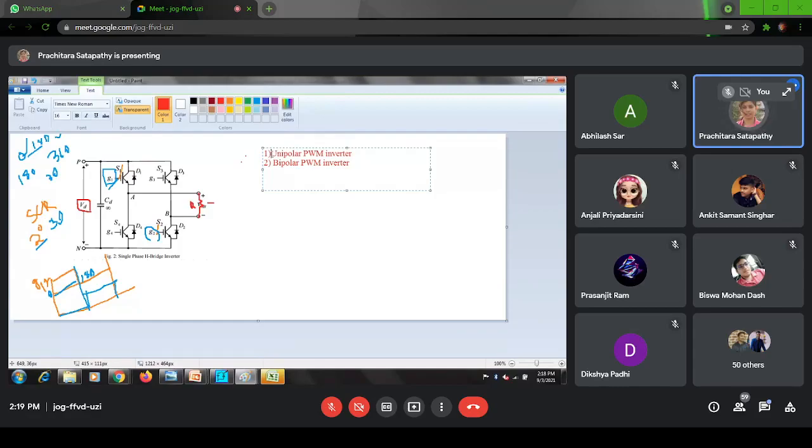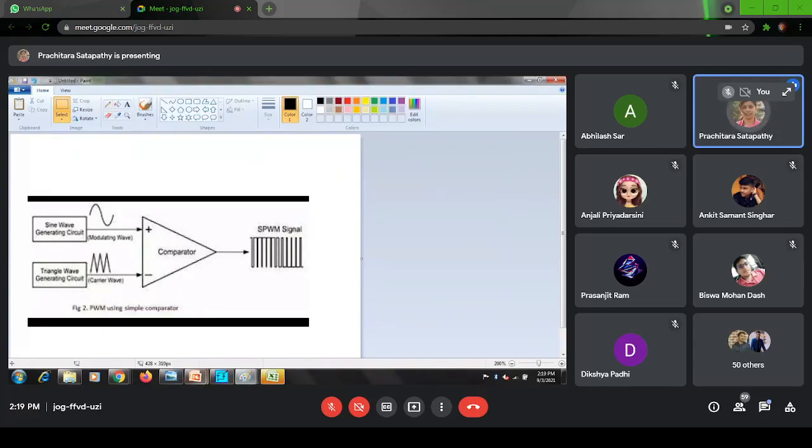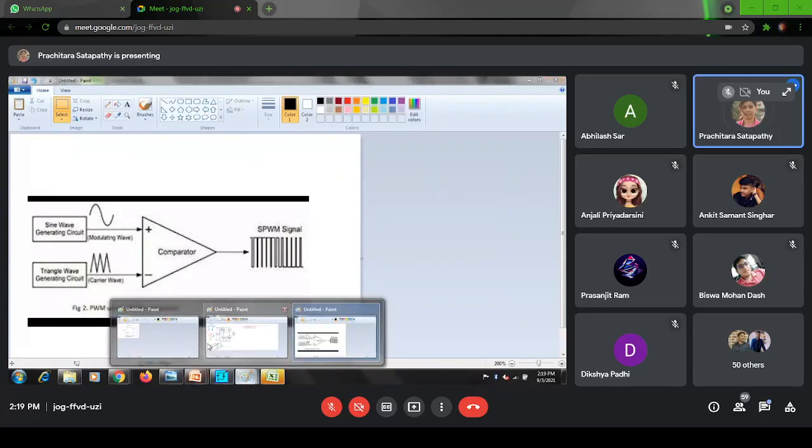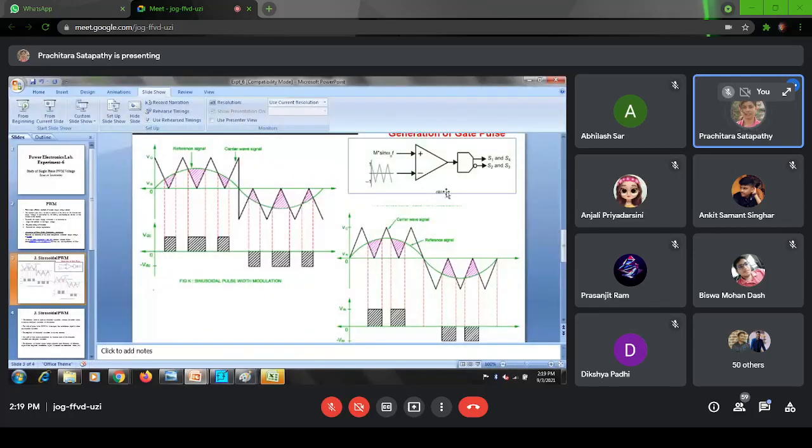So the method I have shown you, that is bipolar, just now. One arrangement I have shown you, this one, yes or no? In this one, whenever one set of switches are getting one pulse, the others are getting the not gate output, they are getting, yes or no?